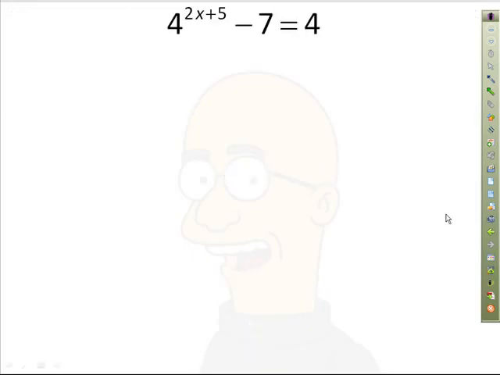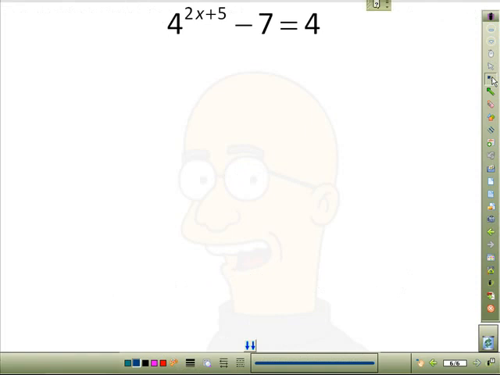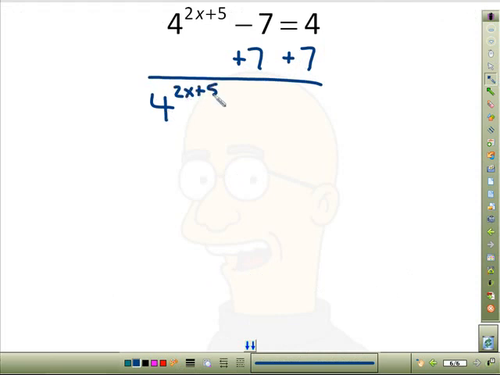Now let's look at this one. First thing you want to do is add 7 to both sides. Okay, so here I go. I'm going to add 7, and you get 4 to the 2x plus 5 equals 11.